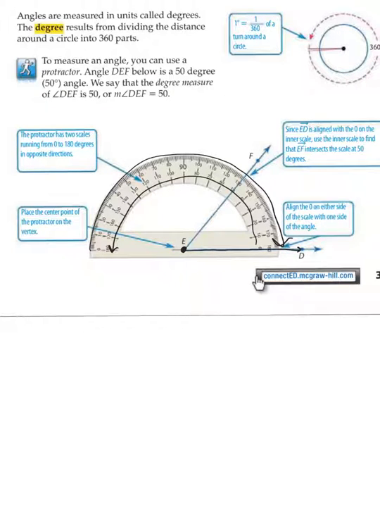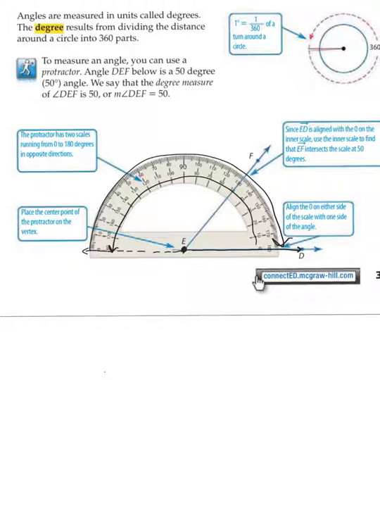Don't lay your angle down here and come down there unless the 0 is on that part of your protractor. You want to have your vertex in that hole or on that mark, and then you want one side to extend through 0. And it may extend this way, but you're still going to extend through 0.